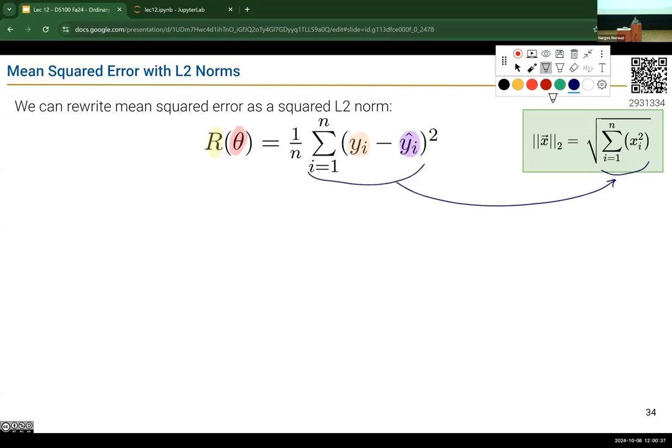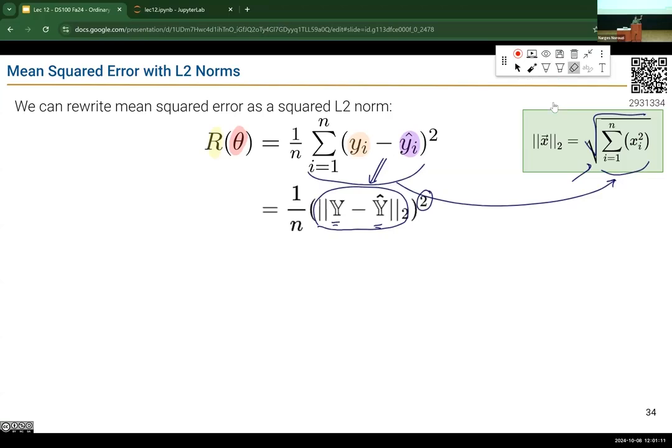So assuming that what I'm doing in terms of calculating yi minus yi hat is equal to me saying that I have a vector of all of the y values, ground truth values, and a vector of all of the prediction values, I go ahead and calculate the L2 norm of this delta vector. So this is my delta vector. Go ahead and calculate the L2 norm. But because this L2 norm has this square root and we want to get rid of that, we will square it one more time. So let me clean this up and let's take a look at it one more time.